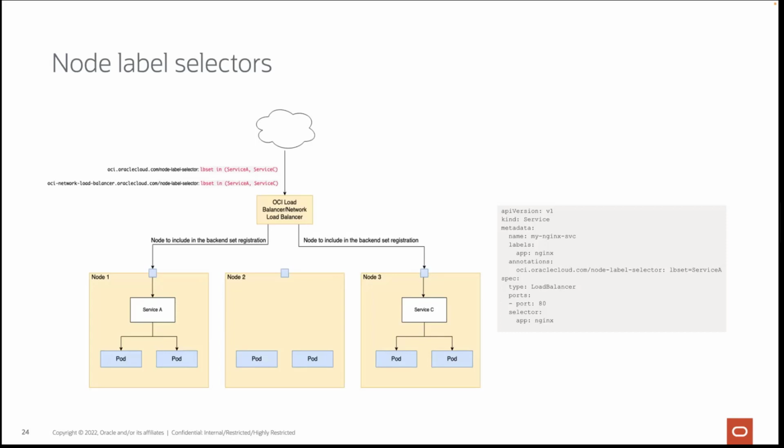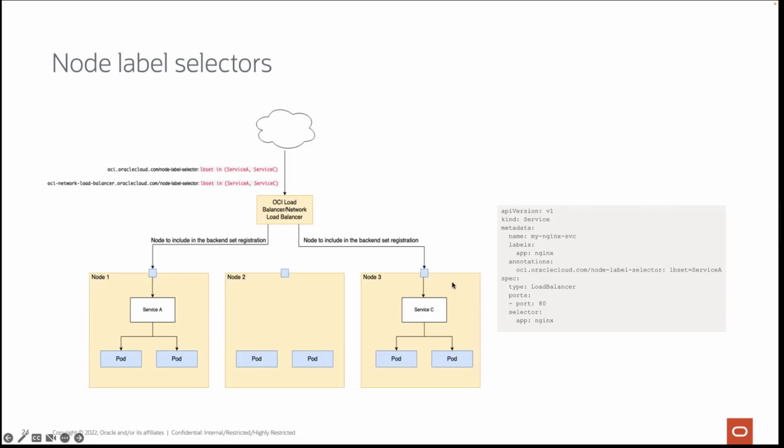So with node label selector, you can specify a one-to-one or a one-to-many mapping for the backends for each Ingress load balancer. As you can see in this example, there's an NLB, but here I want this LB set to have only service A as my backend.